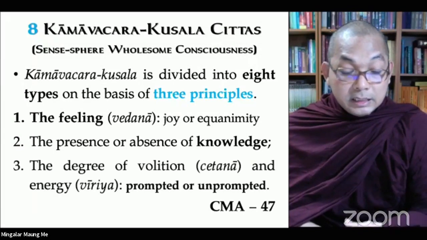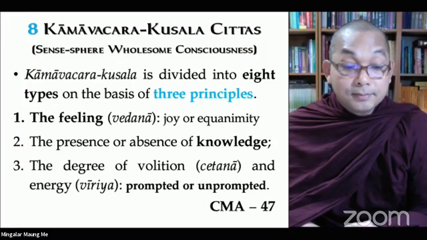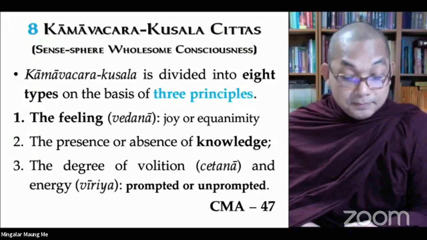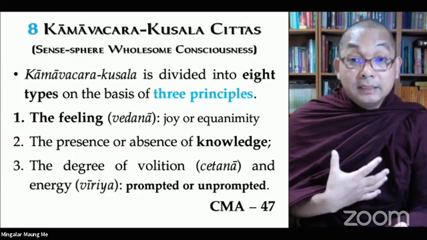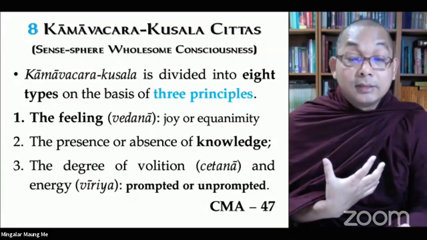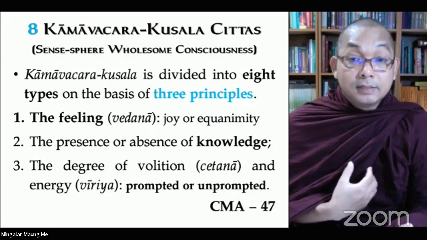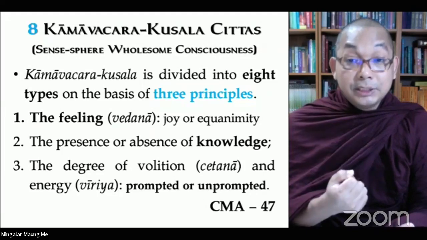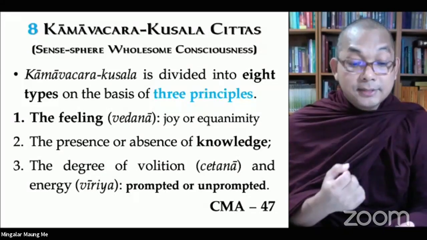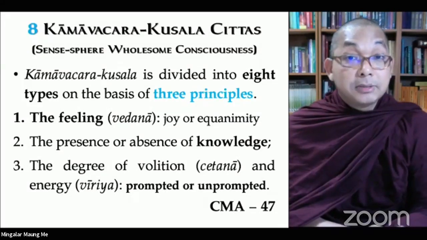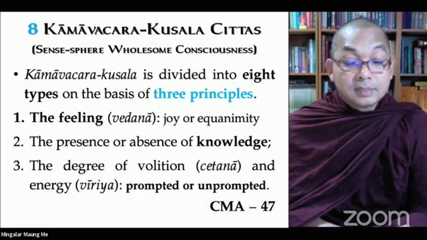The next one is the degree of volition and energy. When you are doing dana, you have a higher degree of volition in your mind. You make a lot of effort, a higher degree of effort, viriya. That is called unprompted, asankarika.